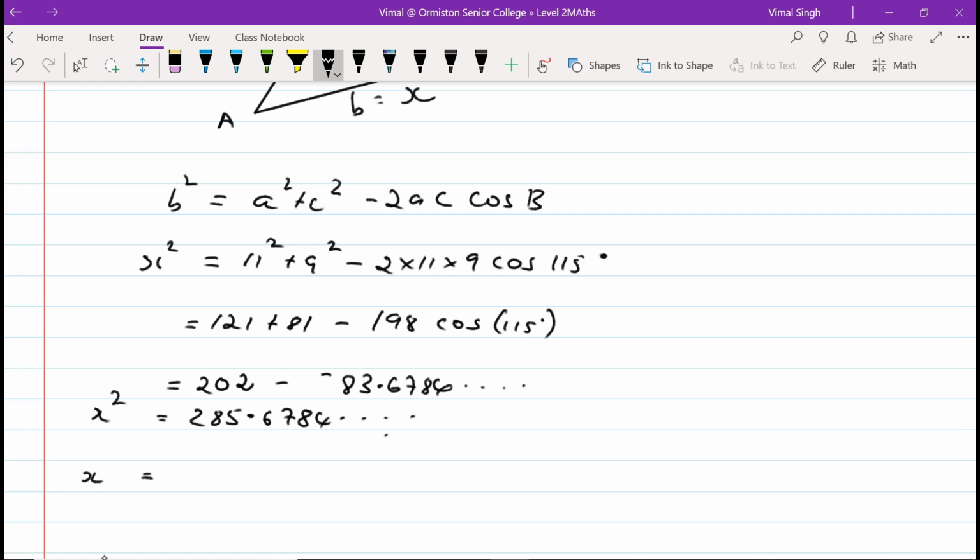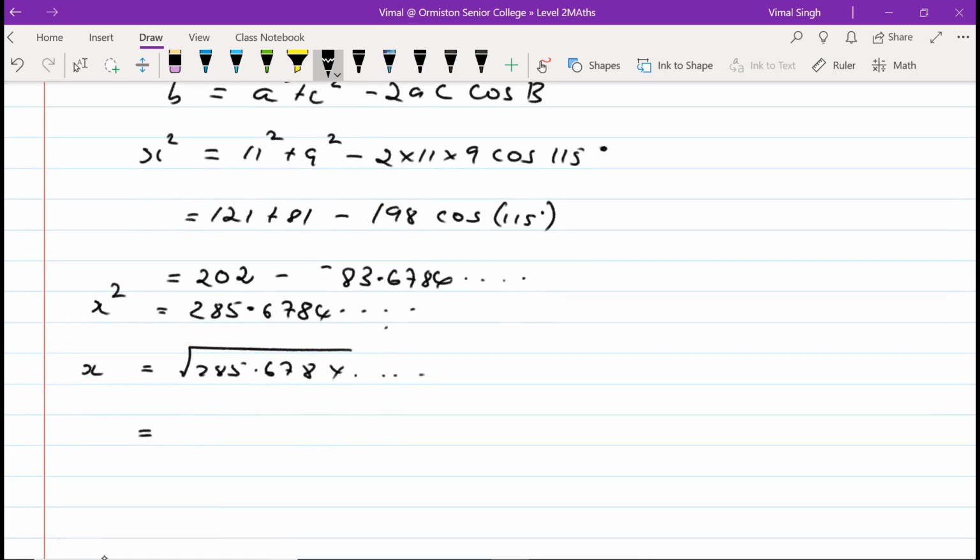The length is going to be the square root of 285.6784, so I am going to take the square root of that on my calculator. We have 16.902 and so forth, and I'm going to round it to 16.90 meters to 2 dp. That's it. Thank you.